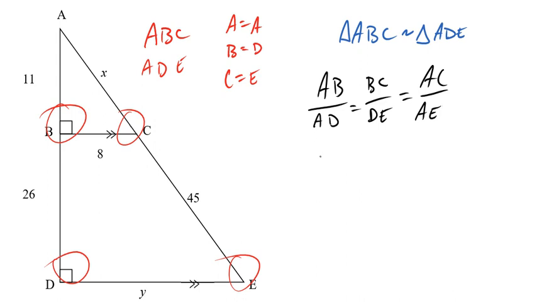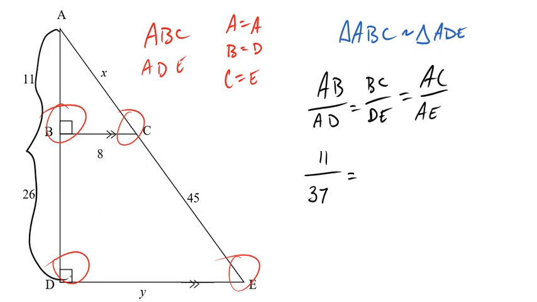Start subbing in. A to B is 11. What's A to D? Thomas? 37. Some people would put 26 in there just because they're in a bad habit of sticking numbers in wherever they fit closest instead of thinking about what AD is.